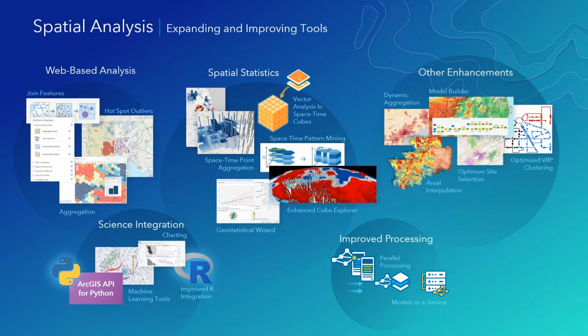I'm really excited about our ability to integrate with different science packages as well. There's been a lot of work put into the ArcGIS API for Python that allows you to work with Jupyter notebooks and the Python scientific libraries to throw these heavy scientific modules at the geographic data that you've spent a lot of money and time investing in and capturing.